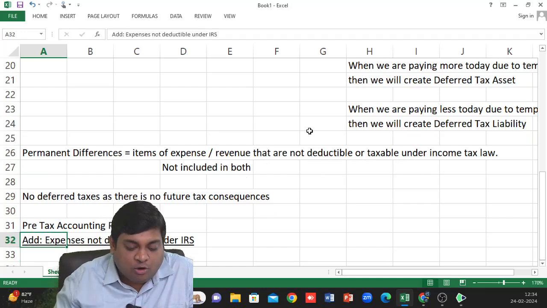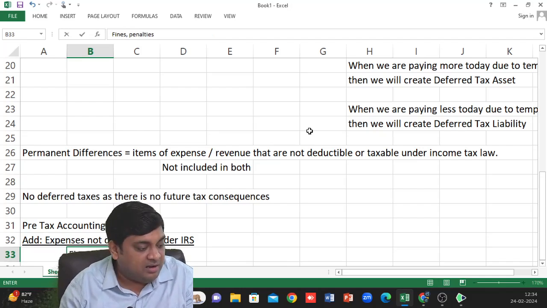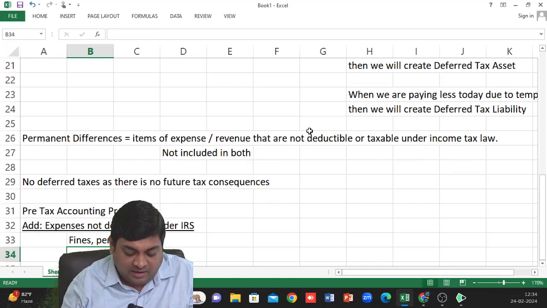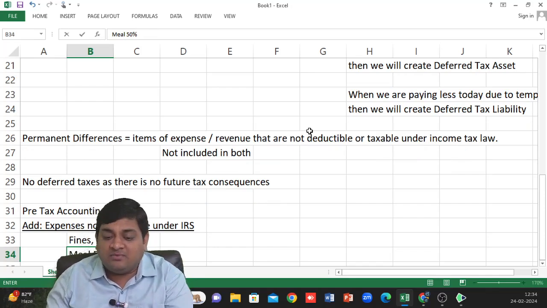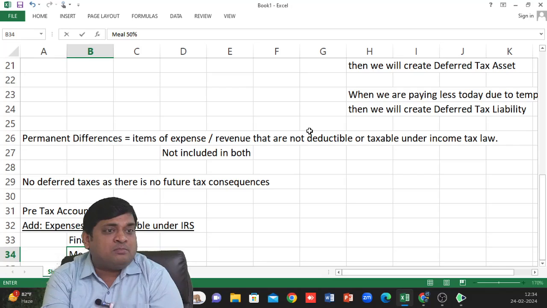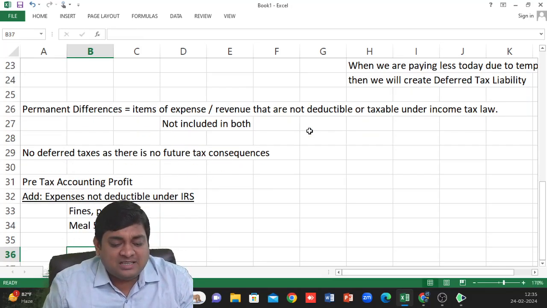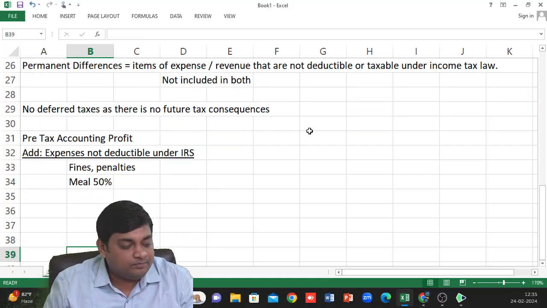So these expenses are not to be considered. Like I told you, fines, penalties. Like meals, only 50% is allowed, so 50% will be disallowed. So there are certain things which you will learn when we do this regulation part thoroughly. But for this particular topic, it is not necessary that you should know all the regulation topics.